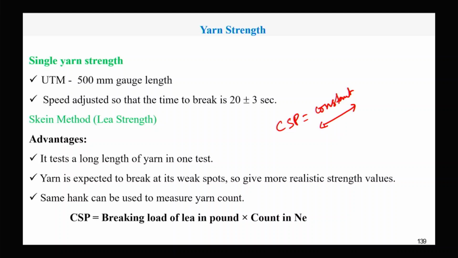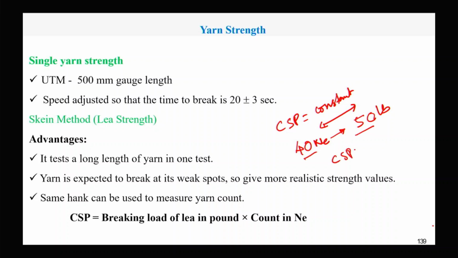Okay, that means suppose a yarn of say 40 any yarn is giving CSP of say 50, so Lee strength of 50 pound. 50 pound Lee strength, 40 any yarn.